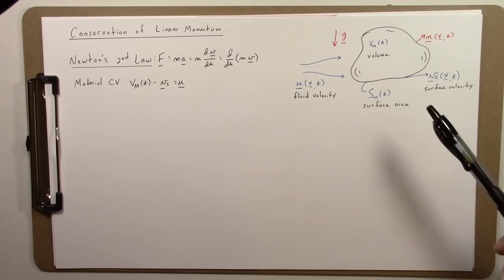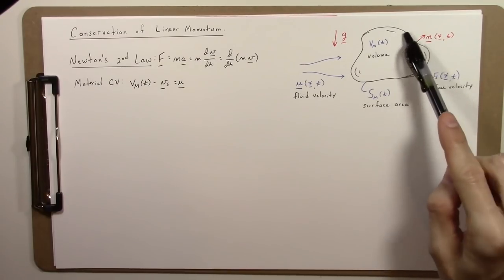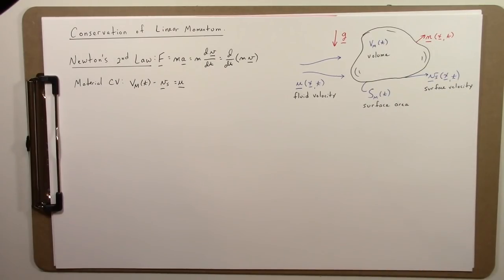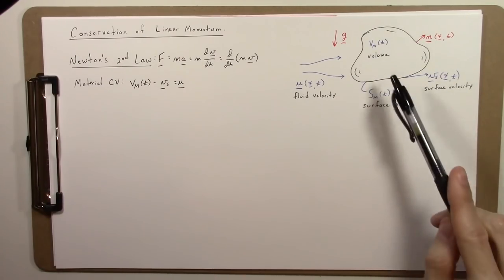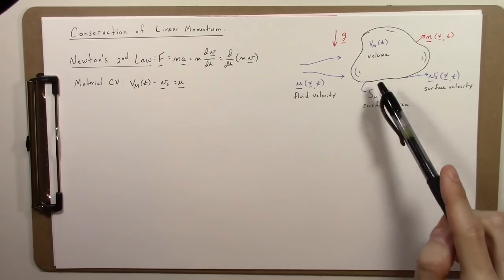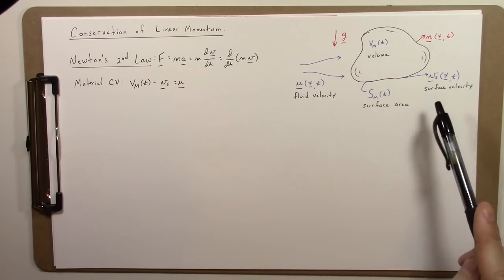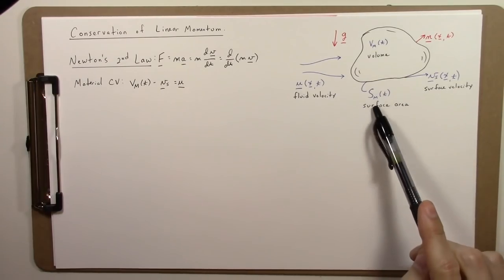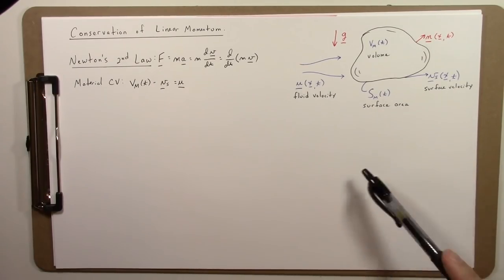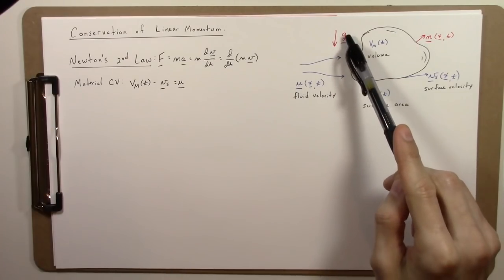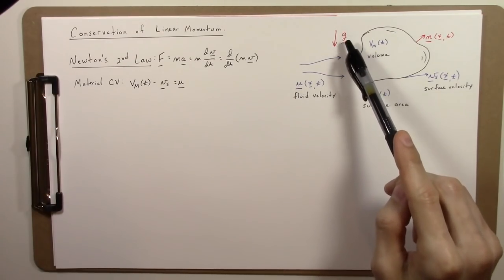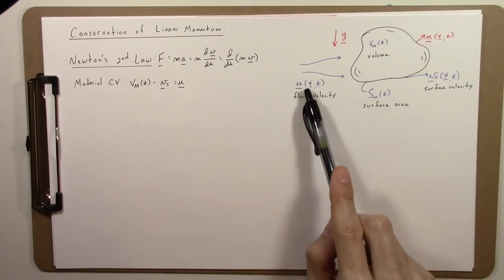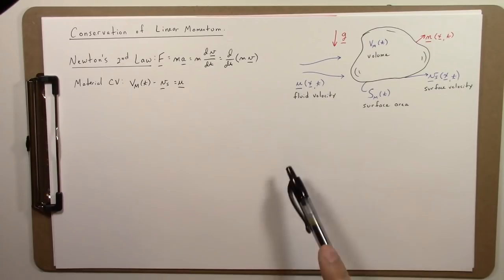So a representation of our fluid control volume is shown here at the right. It's an arbitrarily shaped region surrounding some amount of fluid. It's a material volume, so it always contains the same fluid. So Vm of t is the volume. The surface area that bounds this material volume is Sm of t. We're in the presence of a gravitational field, so we designate that with a gravitational acceleration vector g. The fluid has local velocity u, which depends on position x and also time.